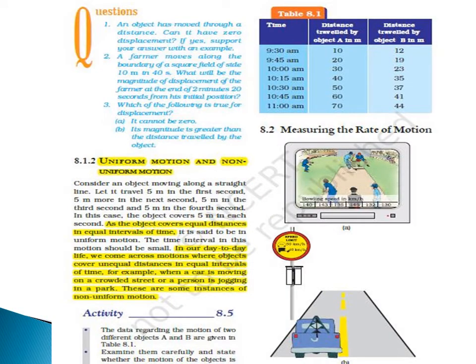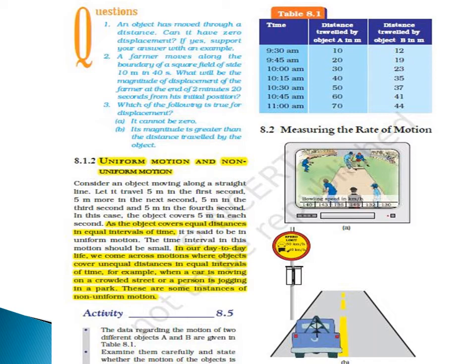Another important topic is uniform motion and non-uniform motion. From the name uniform motion, we can say that something is equal in this type of motion. Now what is this something? We can understand this by an example. Suppose an object is moving along a straight line. It travels 5 meter in the first second, 5 meter more in the next second, 5 meter in the third second, and 5 meter in the fourth second.